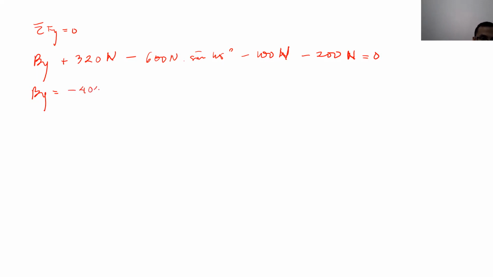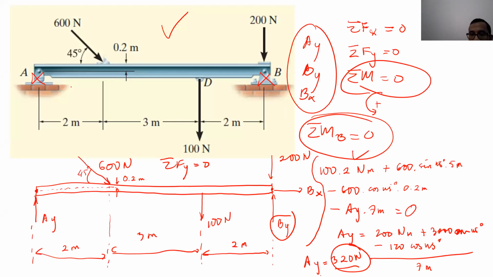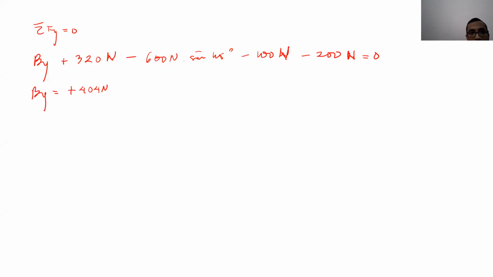Minus, are you sure? It's supposed to be plus, because you're supposed to move it to the right side, right? Oh, yeah, plus. Plus 404 Newton. So the direction of Py in the free body diagram is correct. It's going up, 404 Newton.